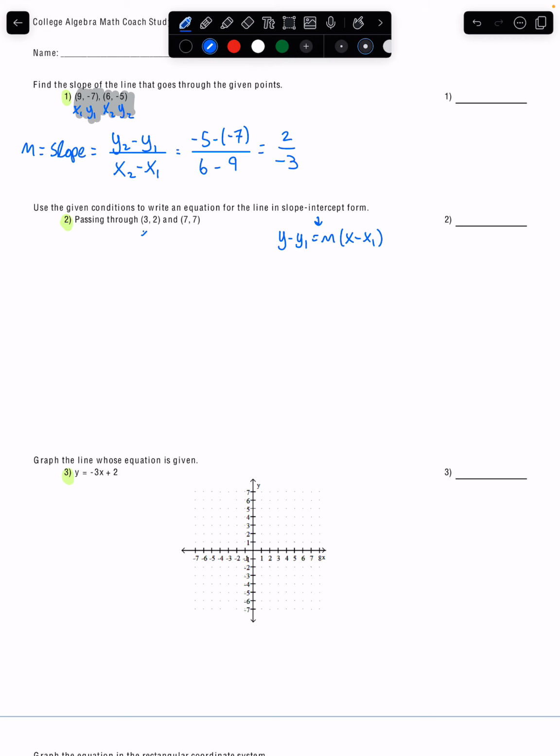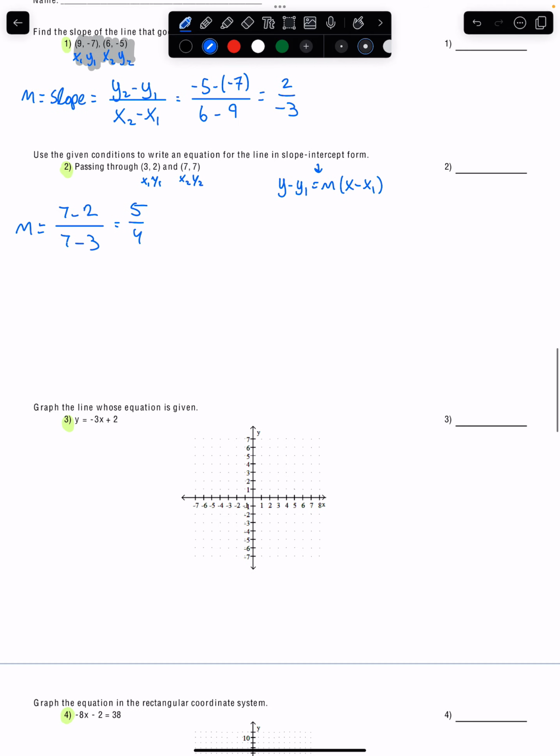We'll start by labeling things: x1, y1, x2, y2. The slope is m, and plugging in the new x1, y1, x2, y2, we get 7 minus 2 over 7 minus 3 equals 5/4, 5 over 4.